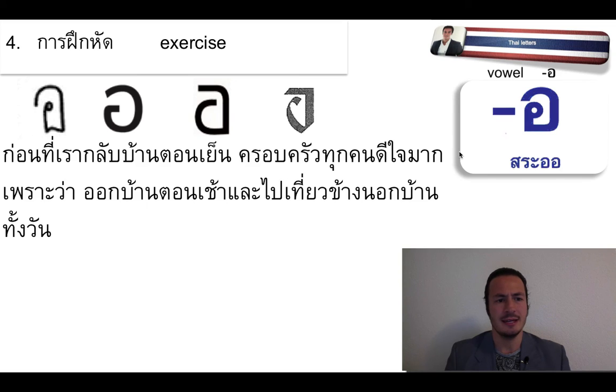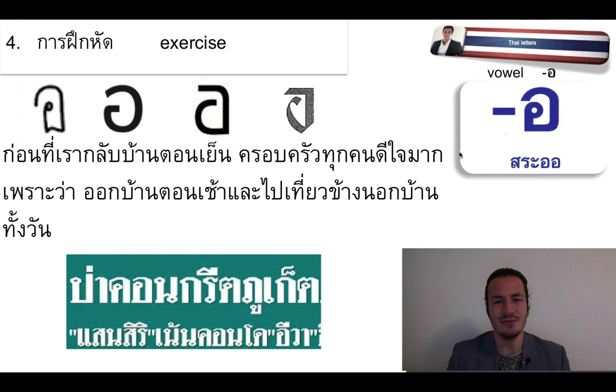A little exercise here. In this text fragment, try to find the sara, so the vowel. Make sure you only focus on the vowel within syllables if you are able to see the syllables already, or well, just try to distinguish, is it actually a vowel or is it the ang consonant?